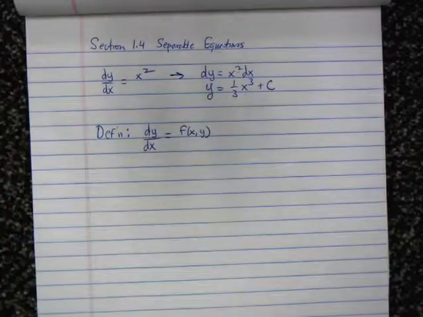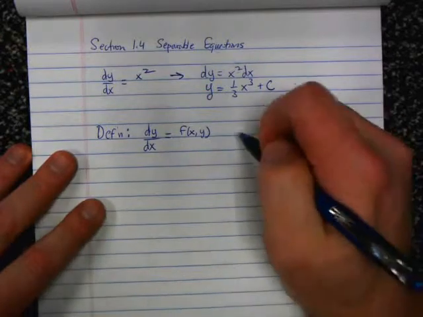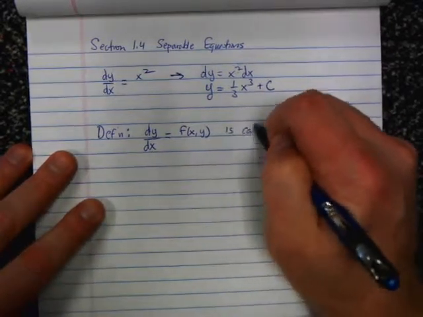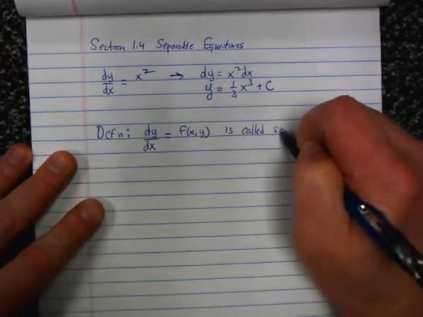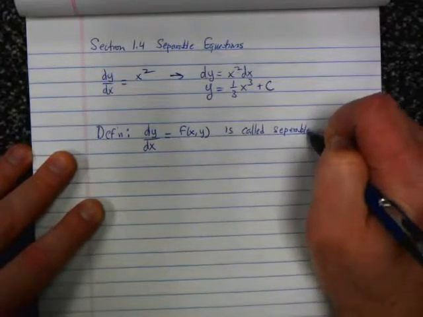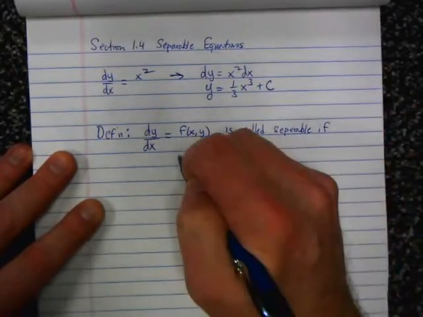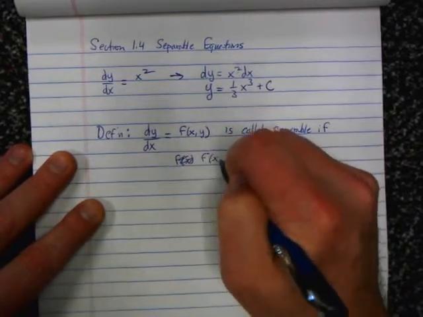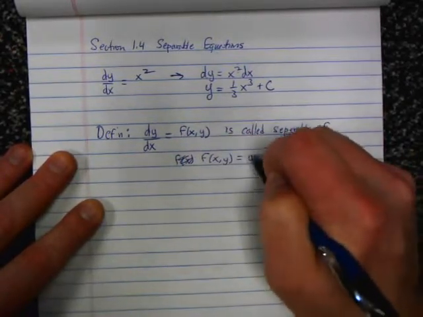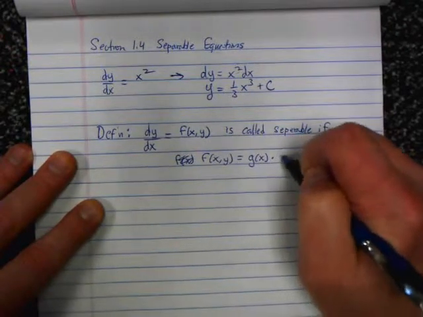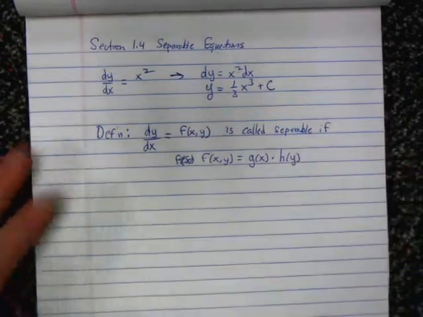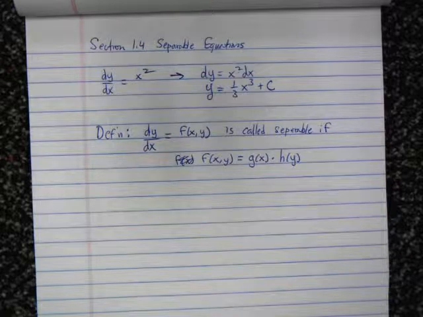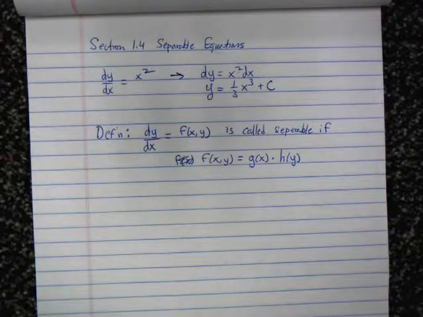A differential equation dy/dx equals f of x, y is called separable if the function f of x, y can be split into two functions multiplied together, where one of the functions only contains the letter x and the other function only contains the letter y.